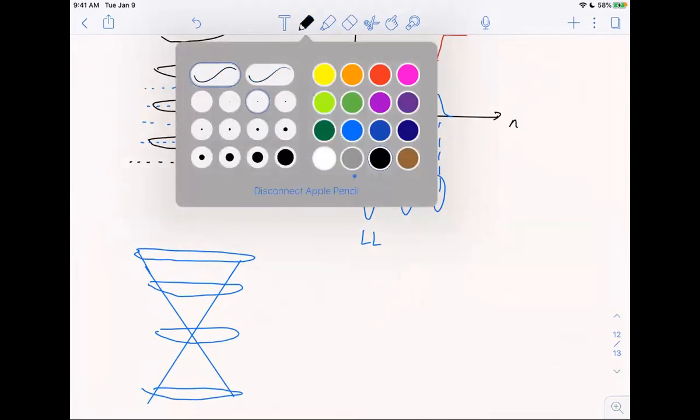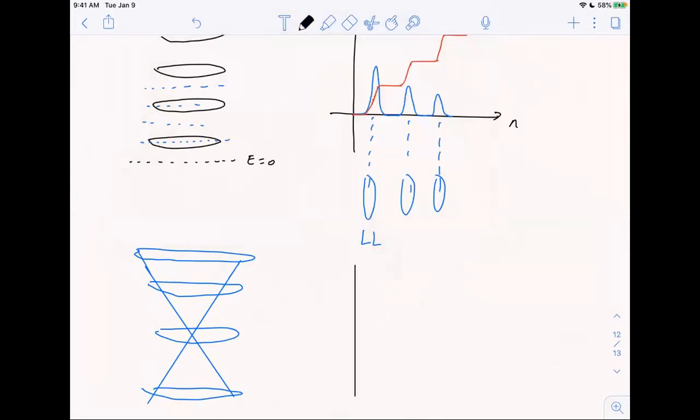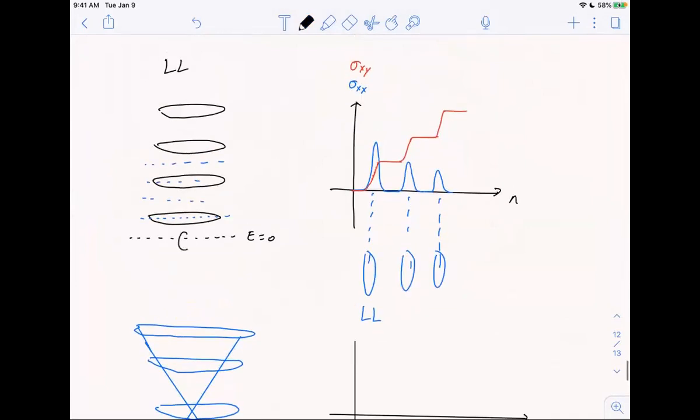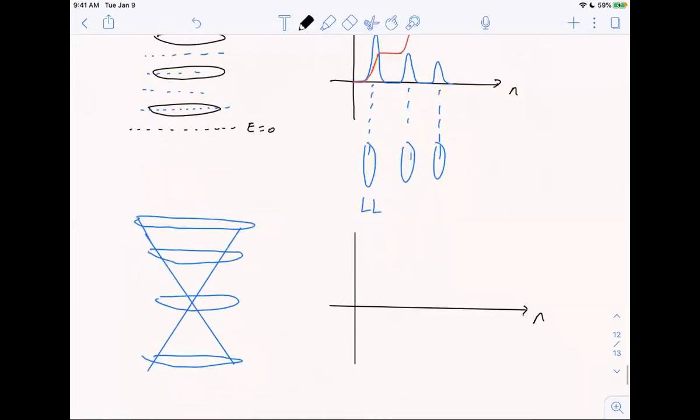What makes the difference is that the beginning points are different. Here, you're beginning from a gap. You're not in the Landau level. But here, once you inject carriers, you're already inside a Landau level.